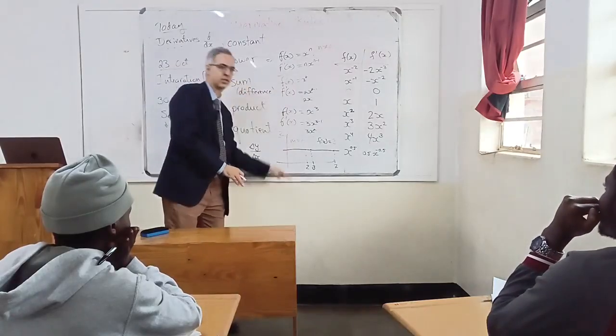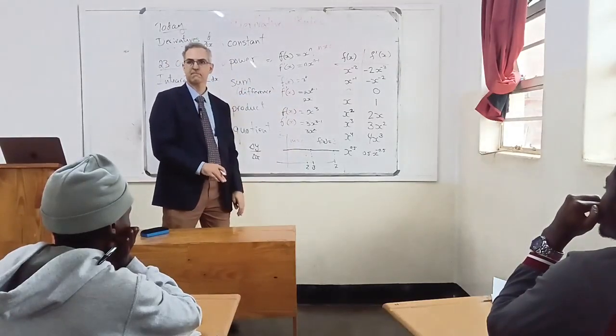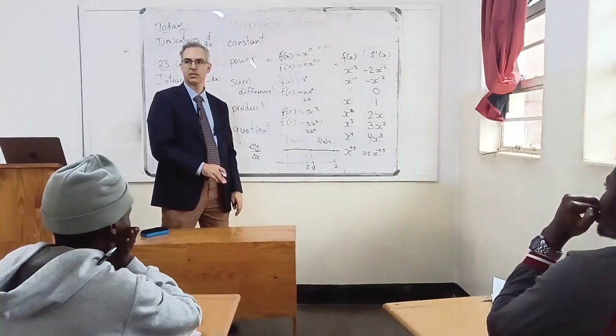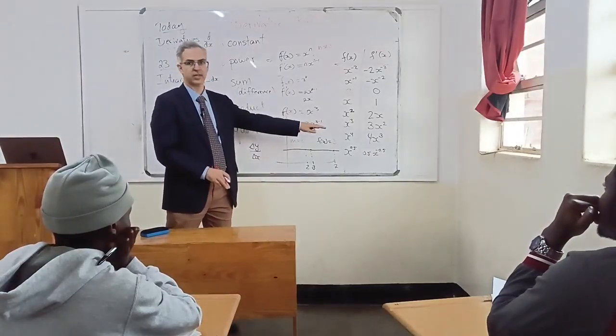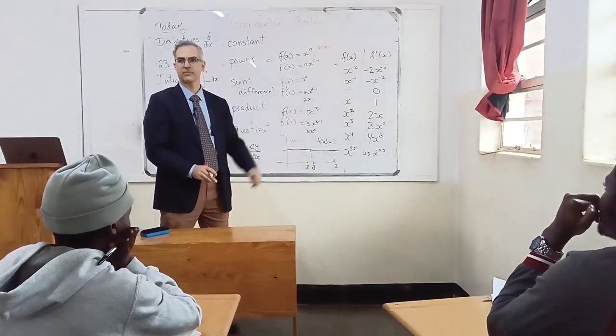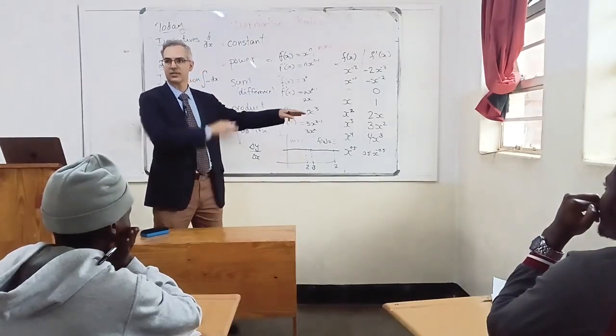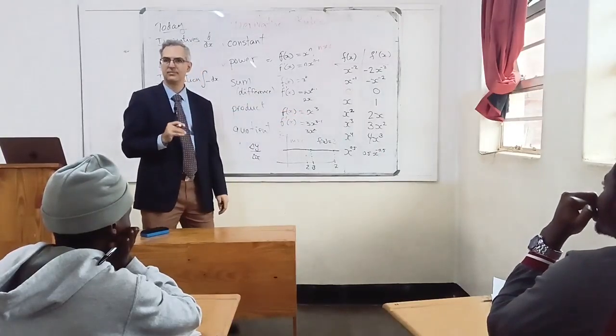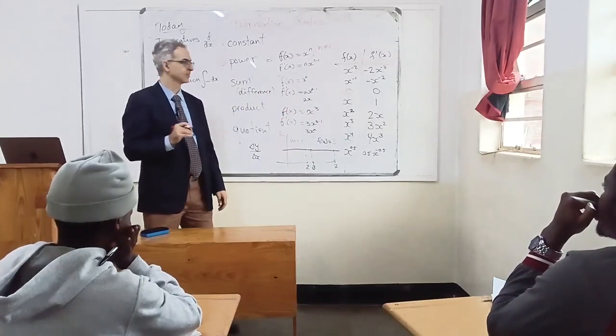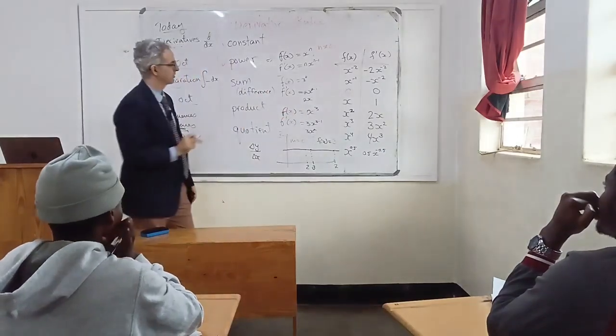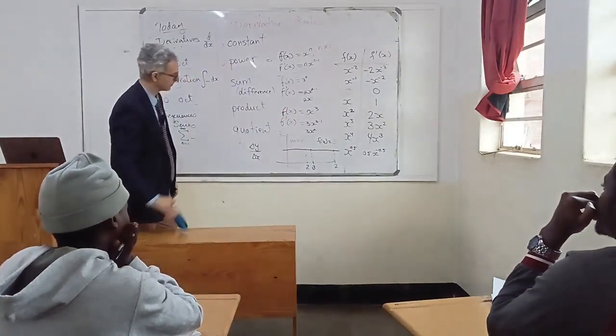It could be negative, positive, right? But the derivative of that horizontal line is 0, because the line has a slope of 0. Okay? So we have 2 of our rules, the constant rule and the power rule.